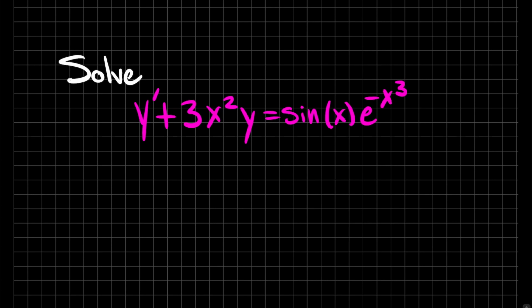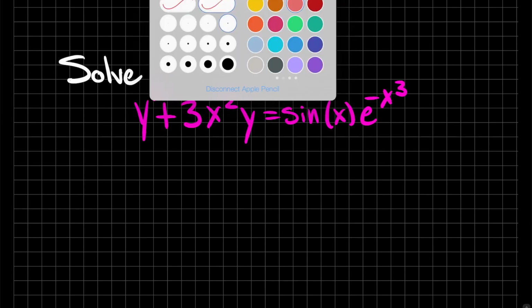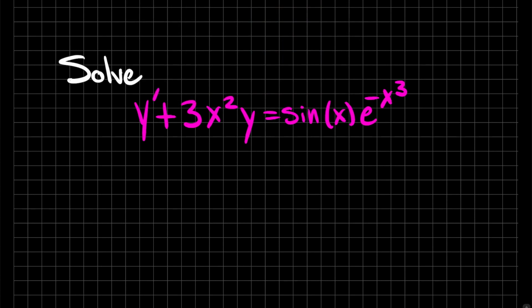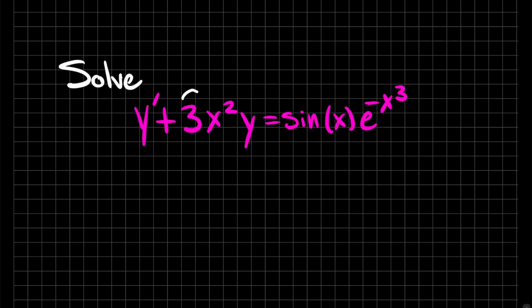In this equation, I want you to notice that we have a first-order linear equation, so it's of that form. This here is our p of x, and everything else on the right is our f of x. Sometimes you will have a function of x here. You can always divide it over and get rid of it, but we don't in this case.